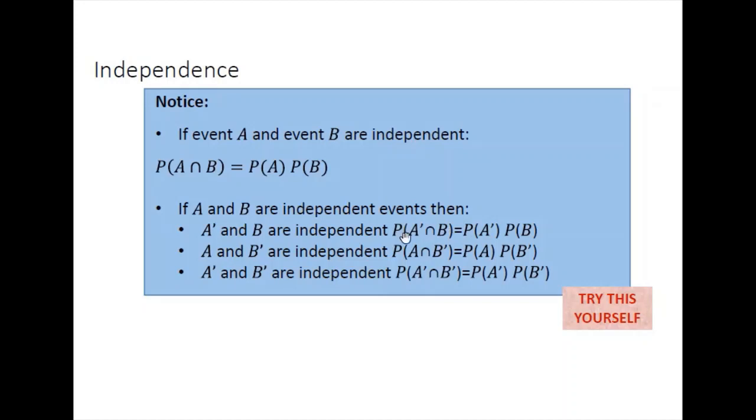So the probability of A prime intersection B is the probability of A prime times probability of B. The probability of A intersection B prime is the probability of A times probability of B prime, and the probability of A prime intersection B prime is the probability of A prime multiplied by probability of B prime.